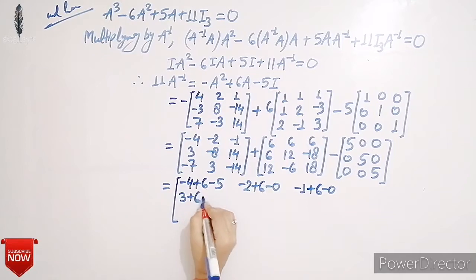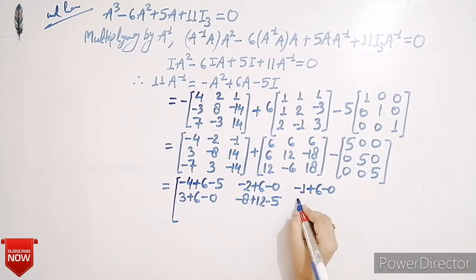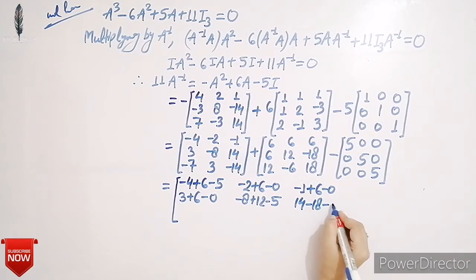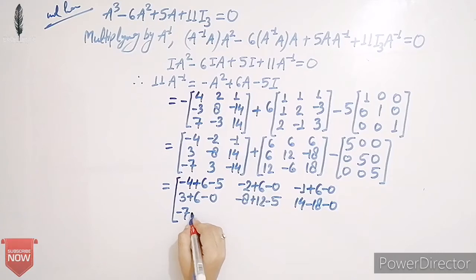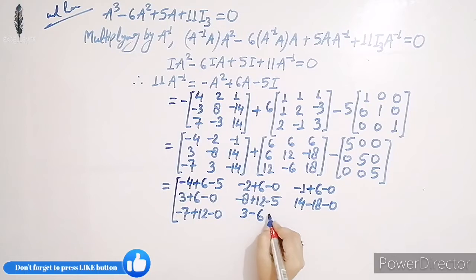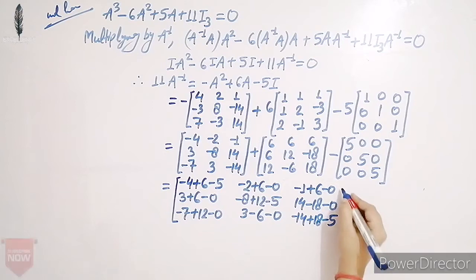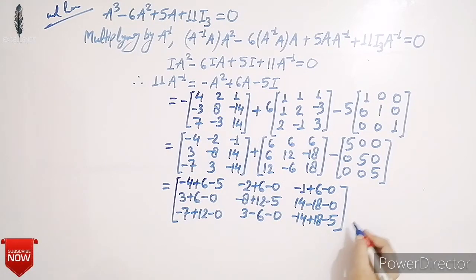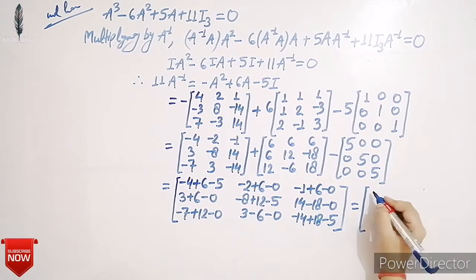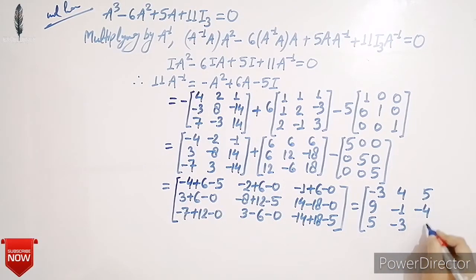In the second row, we have 3 plus 6 minus 0, minus 8 plus 12 minus 5, 14 minus 18 minus 0, and here minus 7 plus 12 minus 0, 3 minus 6 minus 0, and minus 14 plus 18 minus 5, that is equal to minus 3, 9, 5, 4, minus 1, minus 3, and 5, minus 4, minus 1.